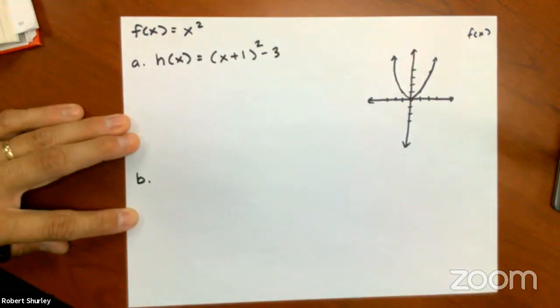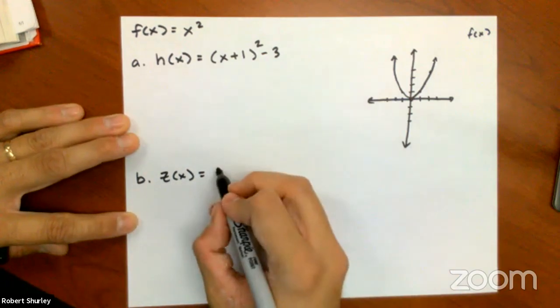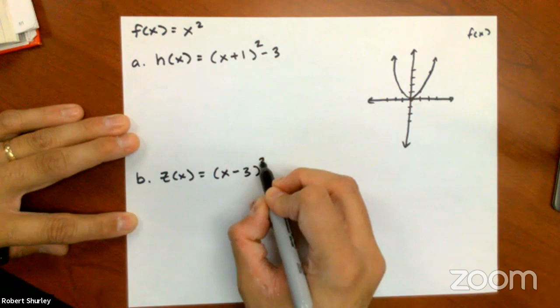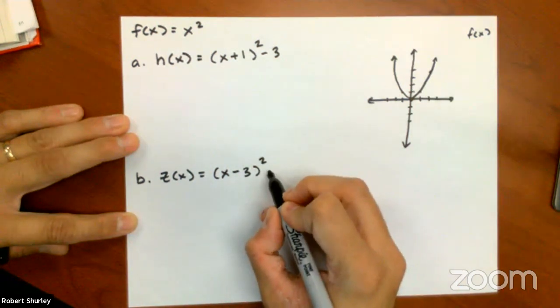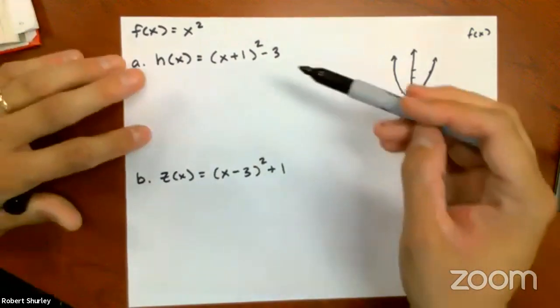And then I want you to find z of x, which is x minus 3 squared, plus 1.